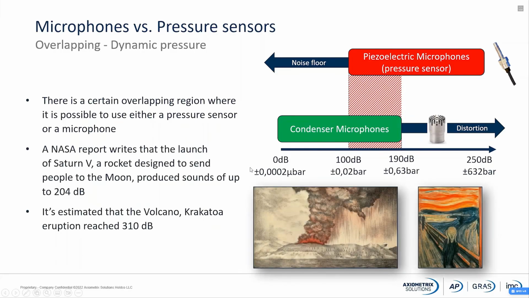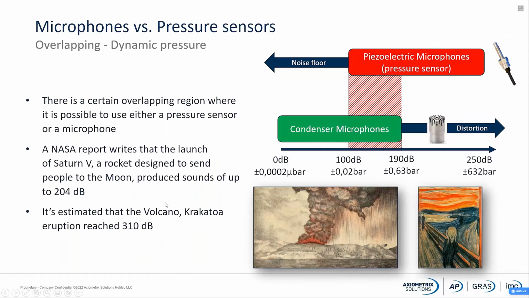So just for curiosity, this is some measurements and some estimations. NASA were sending up a rocket called Saturn V, and that was measured to be 204 decibel. And 204 decibel, we have just learned that this is not really a sound wave, this is a shock wave.